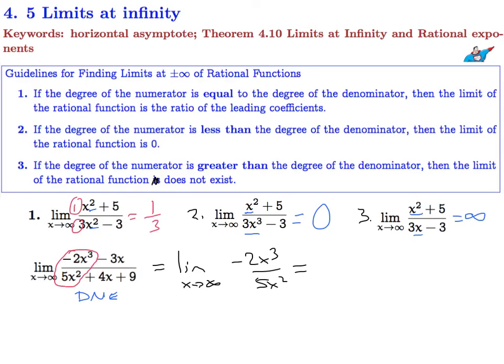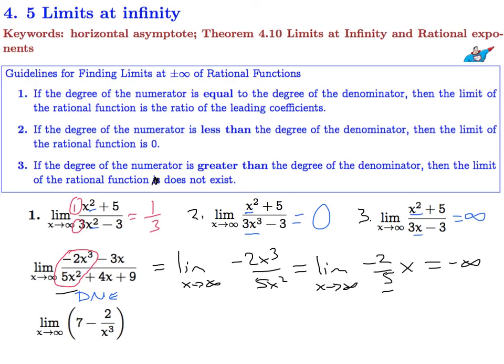Then we can do some canceling. So this will be the limit as x approaches infinity of negative 2/5 x. As x gets bigger, overall it's going to be negative, so we just have negative infinity as our limit. The key with most of these is that you can look at them sort of fuzzily. You just ignore the other parts. You only have to look at the biggest powers.